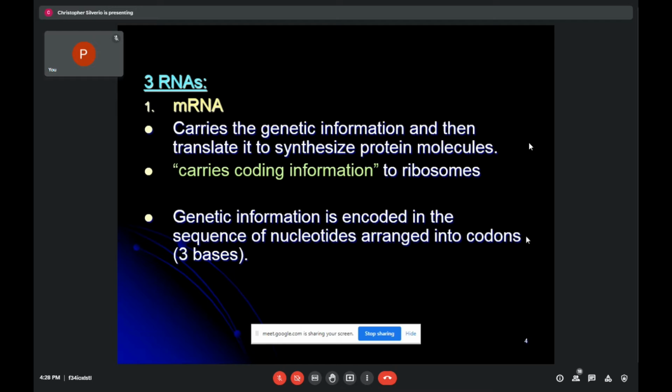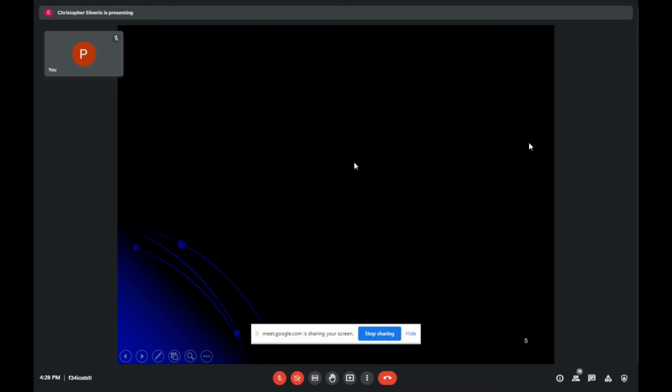Always remember that in mRNA, it is uracil that you could find. And that is the function of the mRNA.